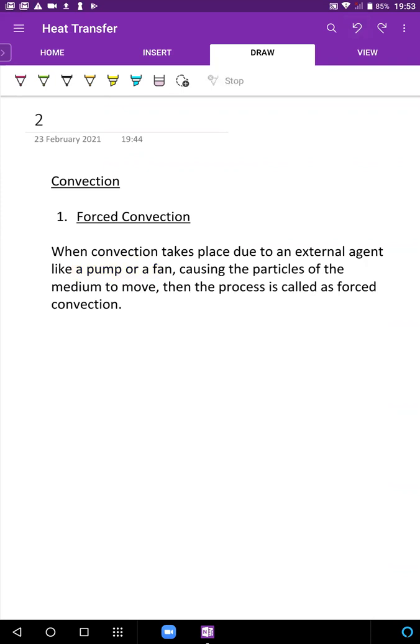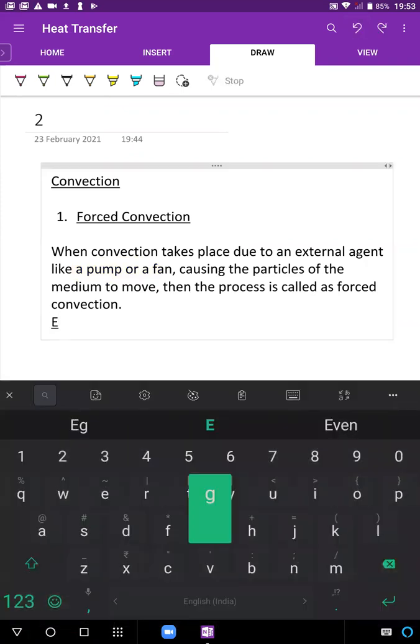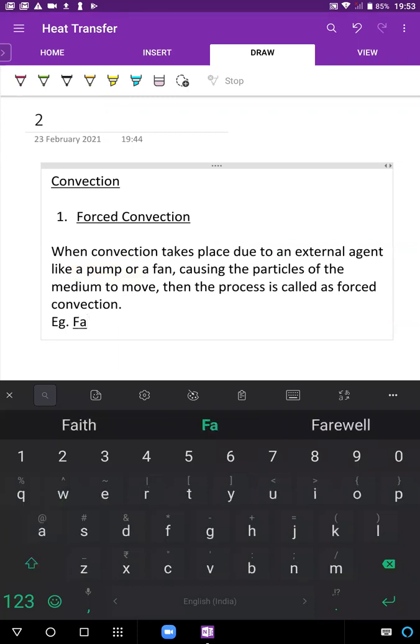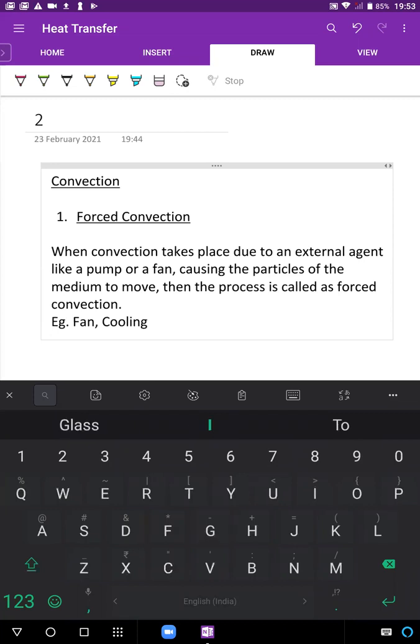So let me list some examples. One is the effect of a fan, but then you also have cooling pipes. A lot of machinery typically is maintained at a stable temperature by using water.